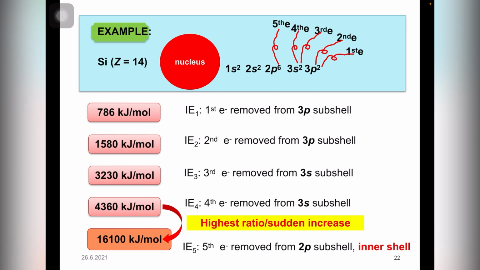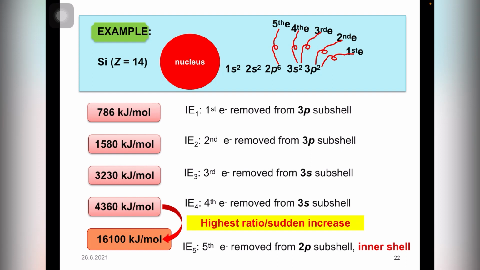It shows that the energy to remove the fifth electron is higher. It shows the highest ratio compared with the fourth ionization energy. So it shows that the fifth electron is removed from the inner shell.